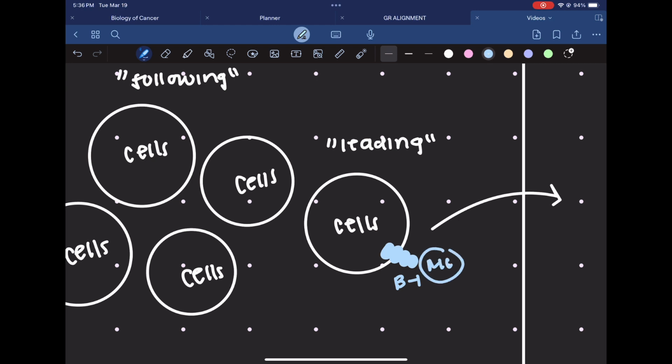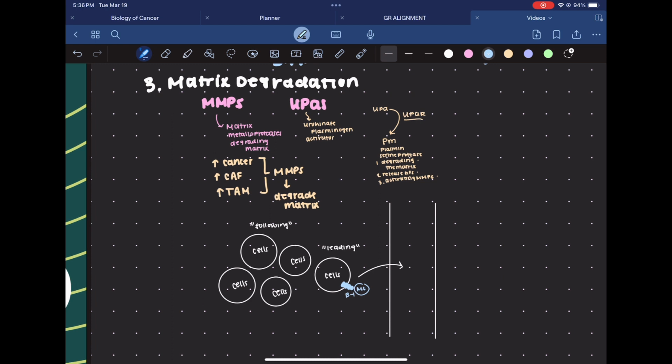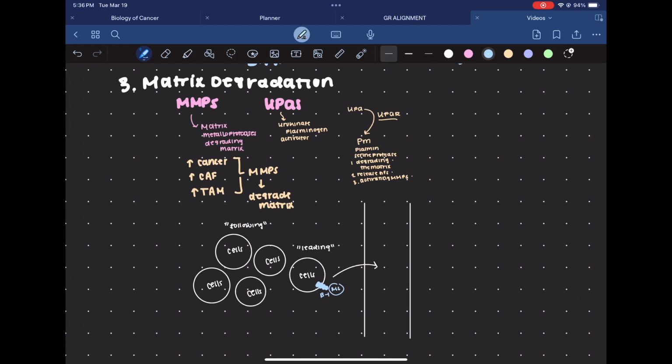I'm going to label that MC, along our leading edge of our tumor progression. All right, so we're moving through the matrix. That's our third step of our cancer's progression. And the next step, we'll talk about intravasation and what that's going to look like for these cancer cells.